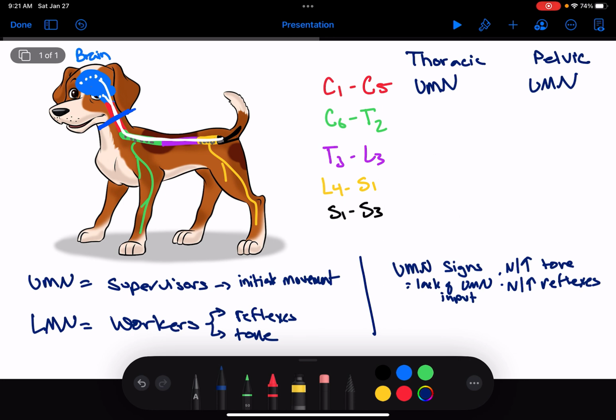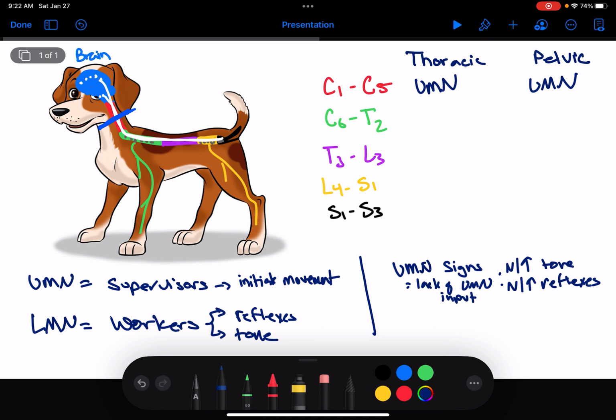So if I cut off the upper motor neurons or the supervisors at the level of C1, C5, now they cannot tell the workers how to modulate their reflexes and tone, and so motor movement will not happen. Or if we're dealing with partial damage, such as in paresis, it will happen at a decreased level. And so you kind of have to think of plegia and paresis separately from tone and reflexes, because they have a little bit of a difference.